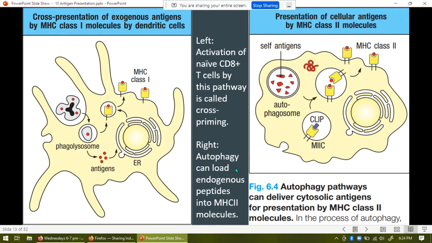The process of autophagy, which is basically cellular eating yourself, can deliver antigens from the cytosol into MHC II proteins where they can be presented to T helper cells. So even cytosolic proteins can be delivered into MHC II by the process of autophagy.